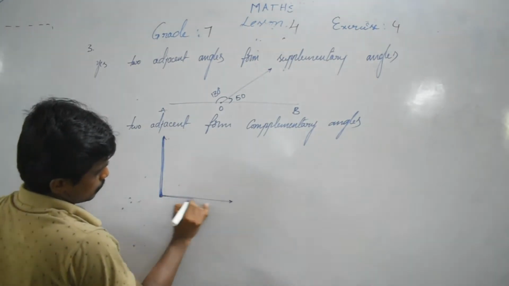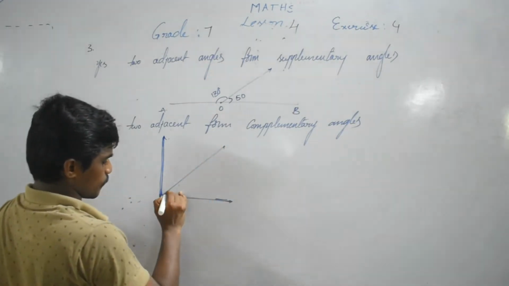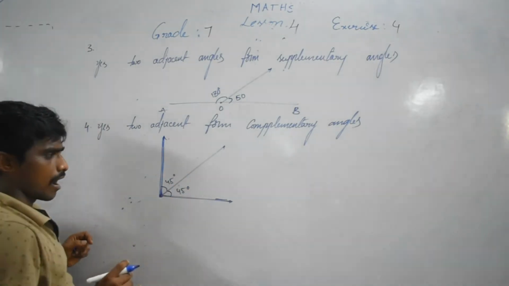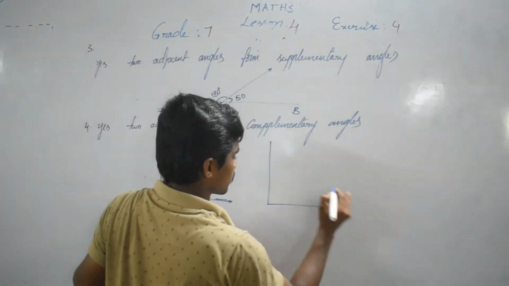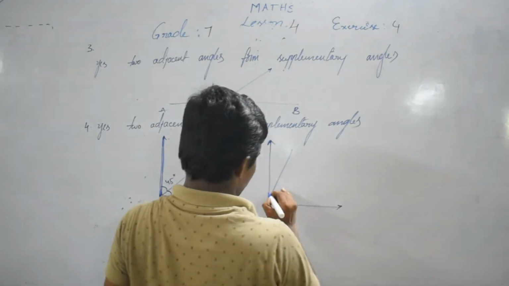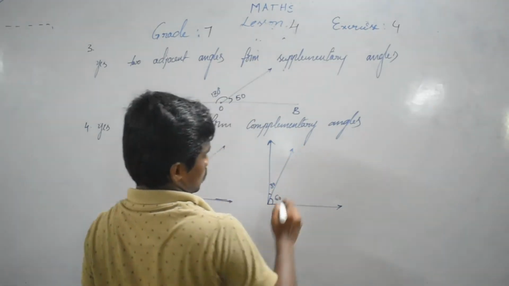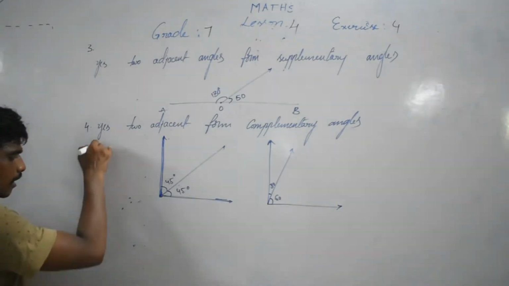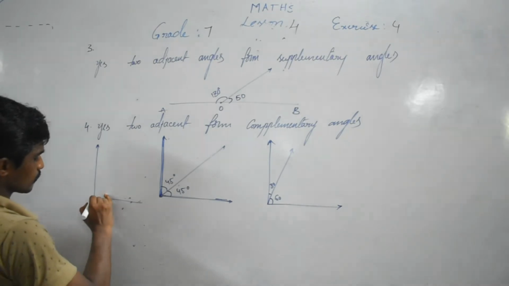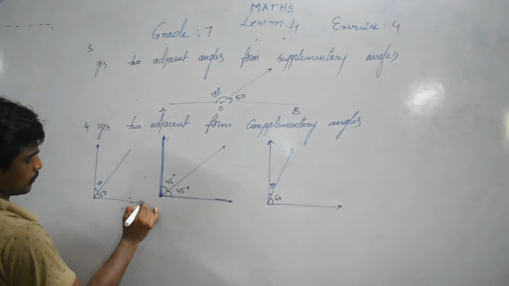Now here 45 degrees, here 45 degrees, or picture as you wish. This is 30, this is 60, or 50, 40.